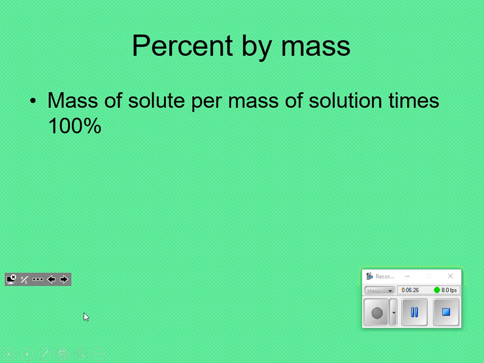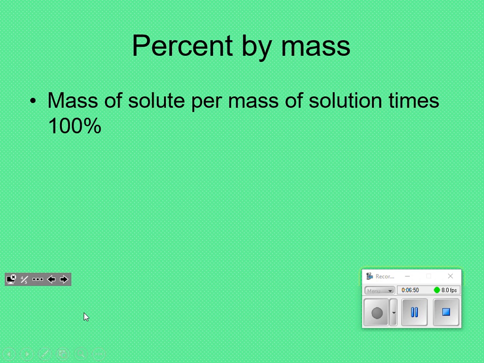Percent by mass is actually what our last lab had these solutions labeled in. 8% NaCl, 2% NaCl, 0.5% NaCl. Percent by mass is commonly what you see at grocery stores. Everyday citizens don't know what moles are.